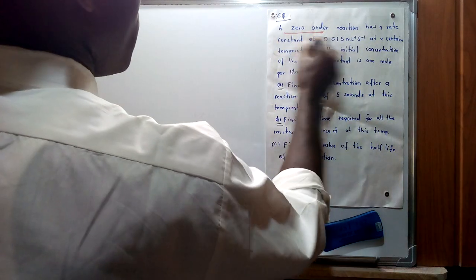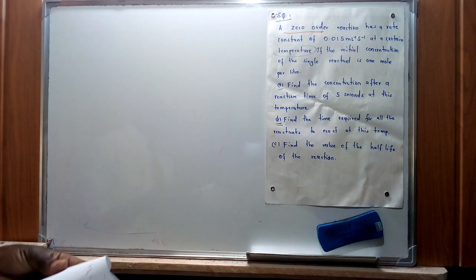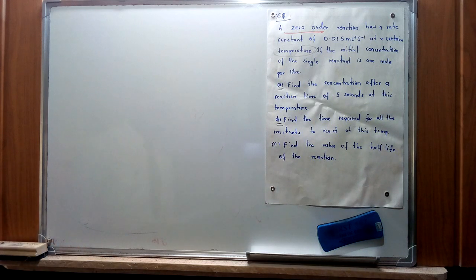This is a concept of temperature which has been mentioned there, and I feel that it's necessary for us to mention some of the factors which affect the rate of reactions.